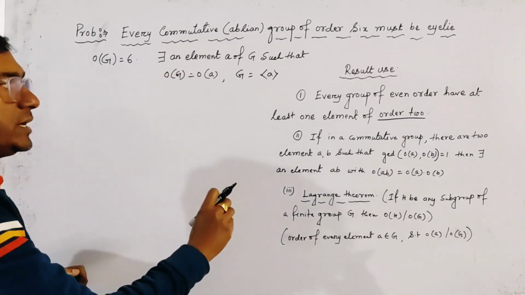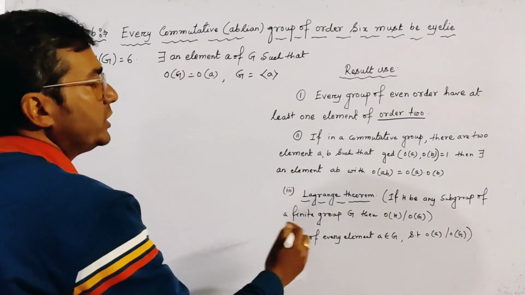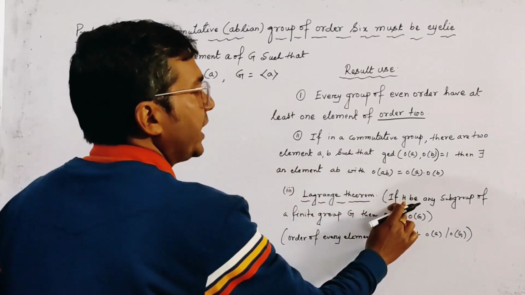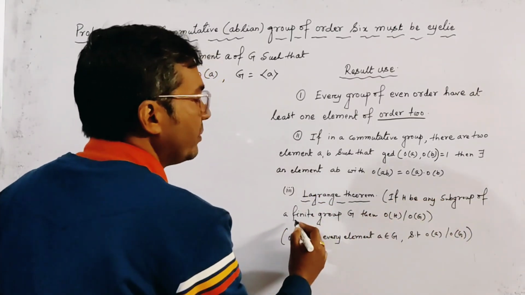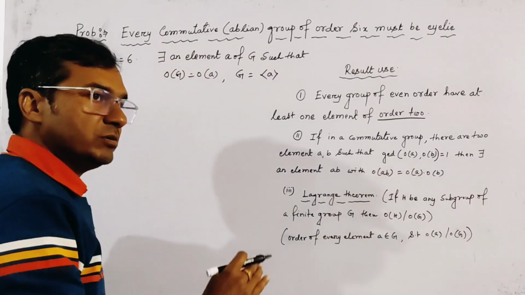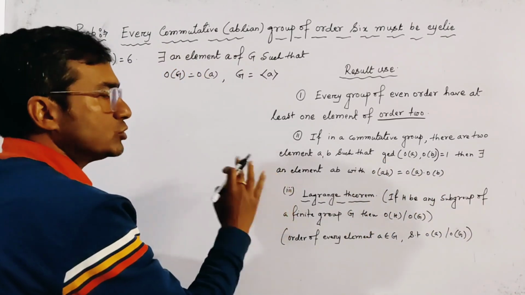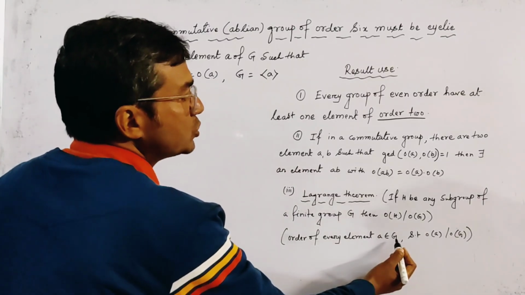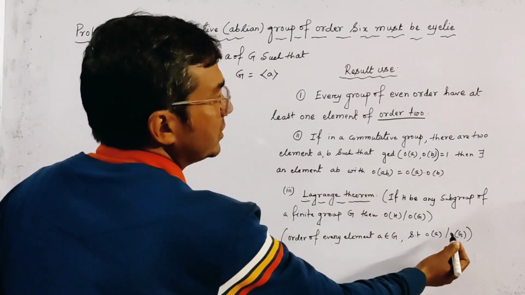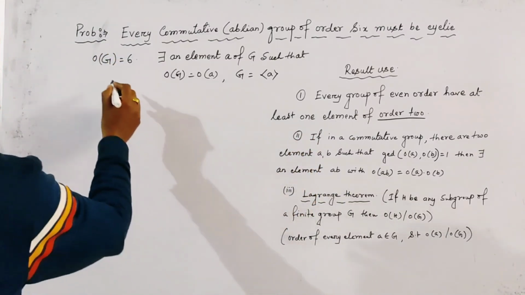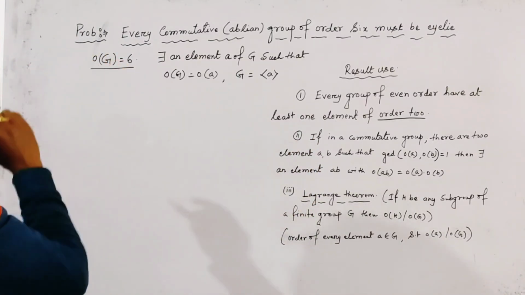And the third result is a very famous theorem of group theory, the Lagrange theorem. This theorem states that if H is any subgroup of a finite group G, then the order of H must divide the order of G. It is also said that the order of every element A belonging to G divides the order of G. Now here the order of G is equal to 6.